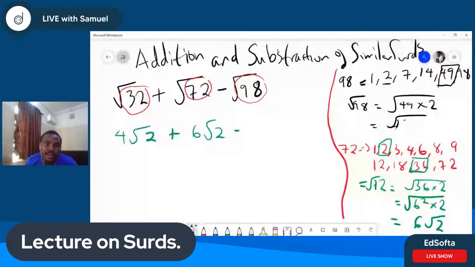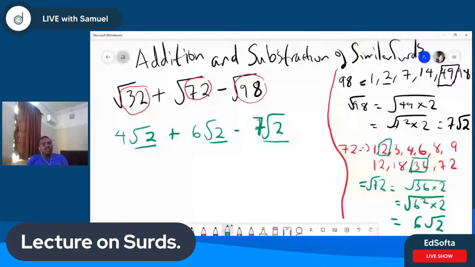Now, because they all have root 2 common to every one of them, that's what makes them similar sorts.